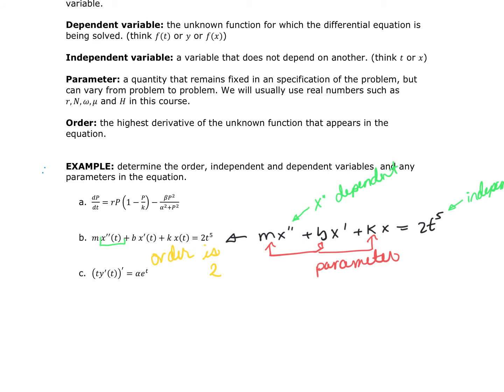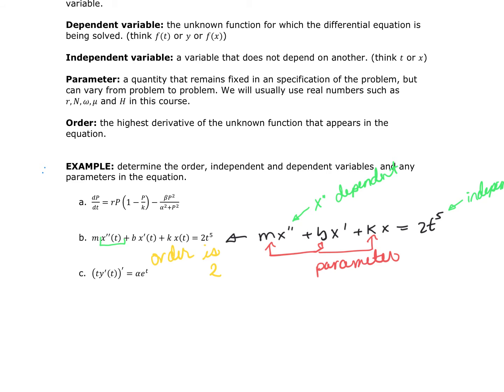It could be anything, as long as we know it's a parameter. We know it's a parameter if it doesn't have a prime attached to it. If it has a prime attached to it, then we know that is our dependent variable. And then by default, we usually use t if we're using a function of x in terms of t, as our independent, excuse me. Okay. Anything else I can help you with?